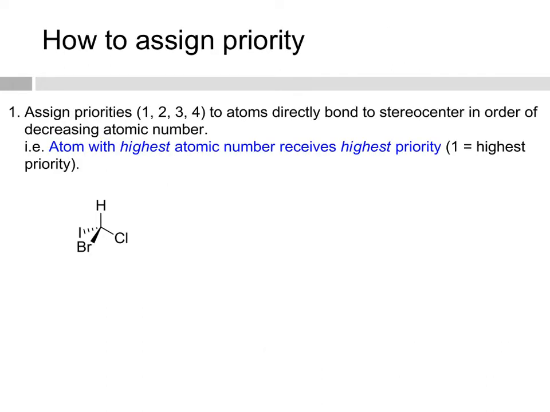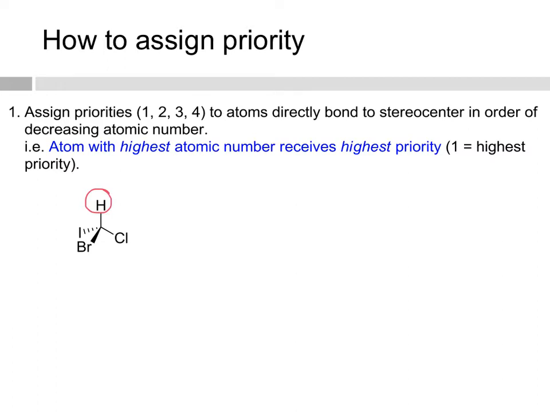Our first task is to see how to assign priorities. For each carbon stereocenter, we're going to assign priorities 1, 2, 3, and 4 to all the atoms that are directly bonded to that stereocenter in order of decreasing atomic number. That is, the atom with the highest atomic number receives the highest priority, and 1 is the highest priority. So if we were to take this example of bromochloroiodomethane, we can say this is a hydrogen.